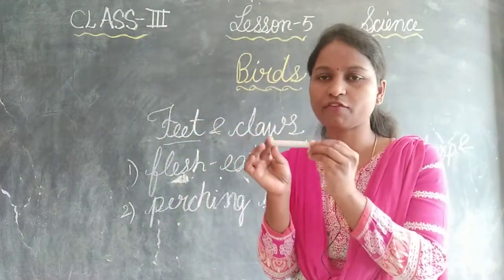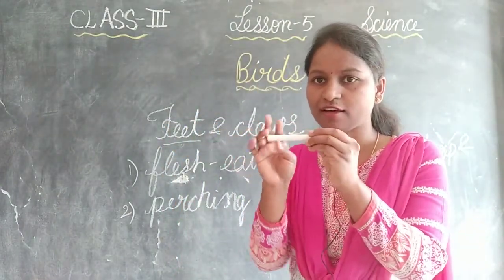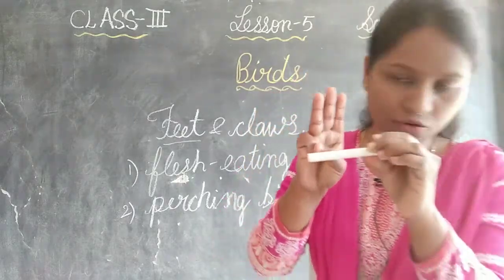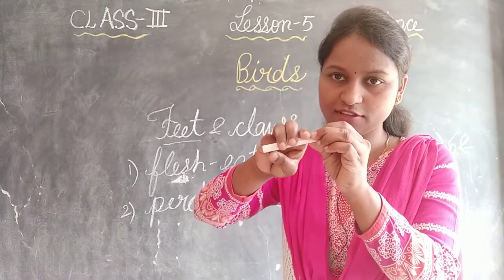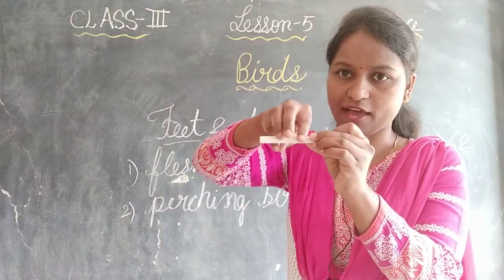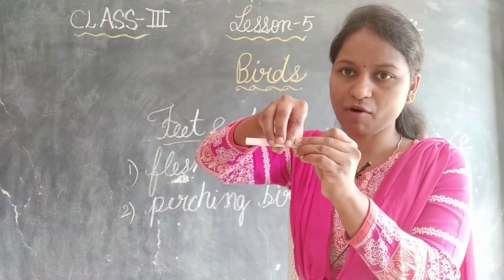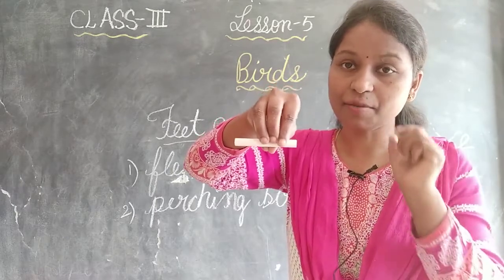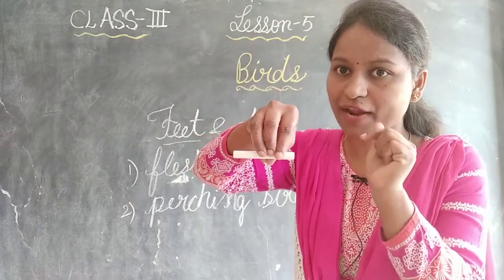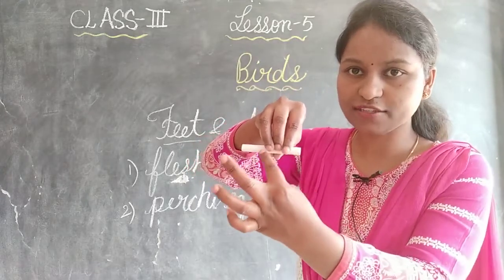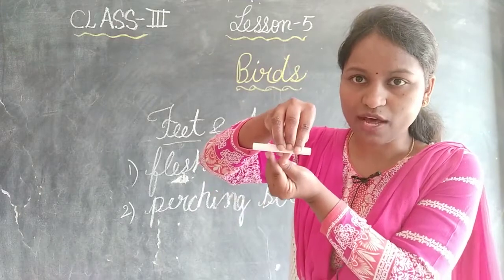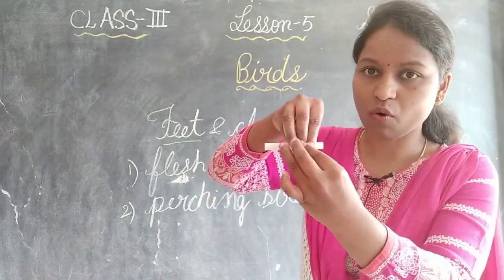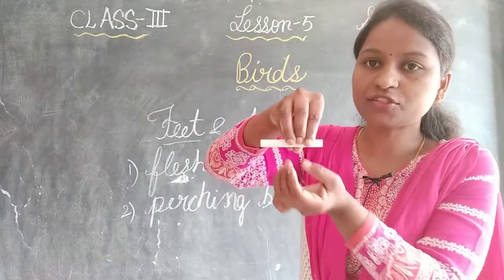Suppose if you imagine this is the branch, then listen, children, three toes are in the front and two at the back. With the help of claws, this is how birds perch, meaning sit on the branch. Three toes are at the front side and two toes at the back.